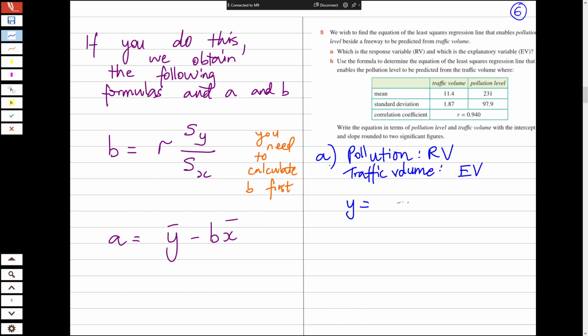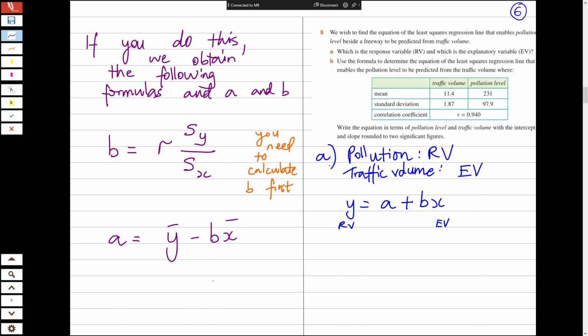Okay, so what's happening here is I want to write y equals a plus bx, where y is the response variable and x is the explanatory variable. Now, can you see they've given us the information we need?